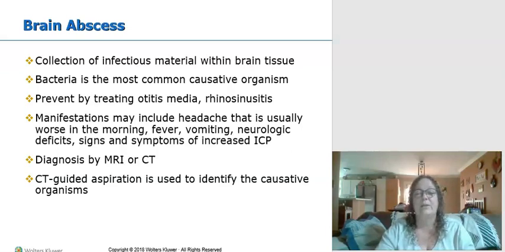Medical treatment may include a guided aspiration to aspirate the contents and identify the causative organisms, right? So we want to take out that collection because remember, just like with the skin abscess, you don't necessarily just treat it with antibiotics.